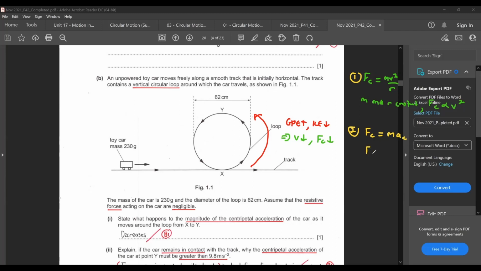So if FC drops, AC will drop. So here, velocity drops, AC drops, therefore AC drops. So the magnitude of your centripetal acceleration decreases. This is the logic or reasoning behind it.